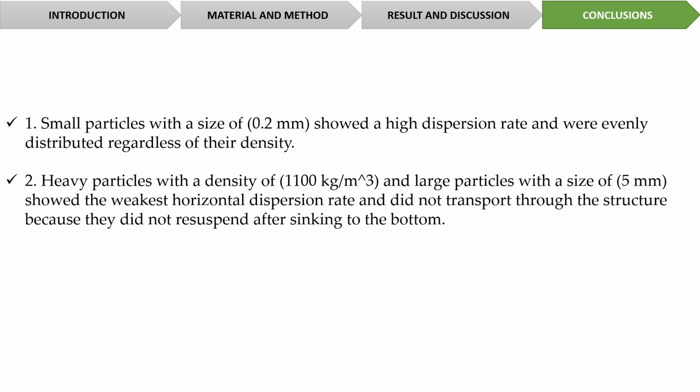Second, heavy particles with a density of 1100, and large particles with a size of 5 millimeter, show a weak horizontal dispersion rate and did not transport throughout the structure because they did not respond after sinking to the bottom.